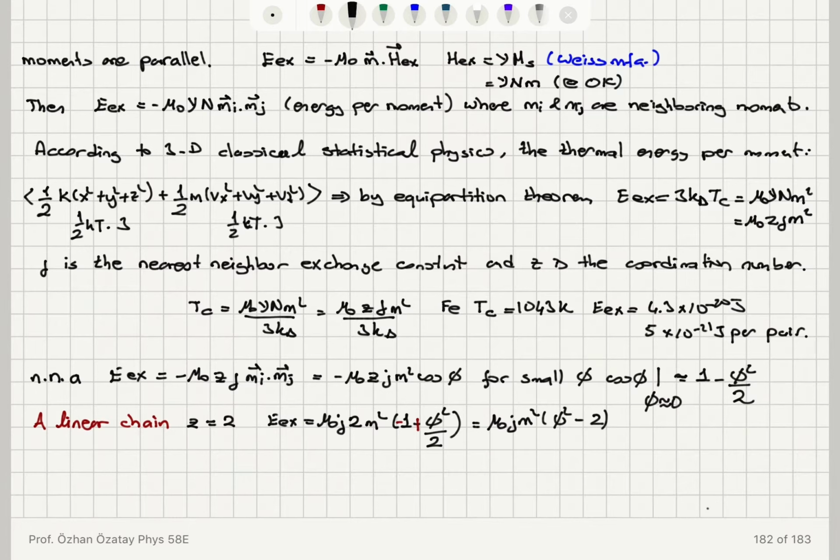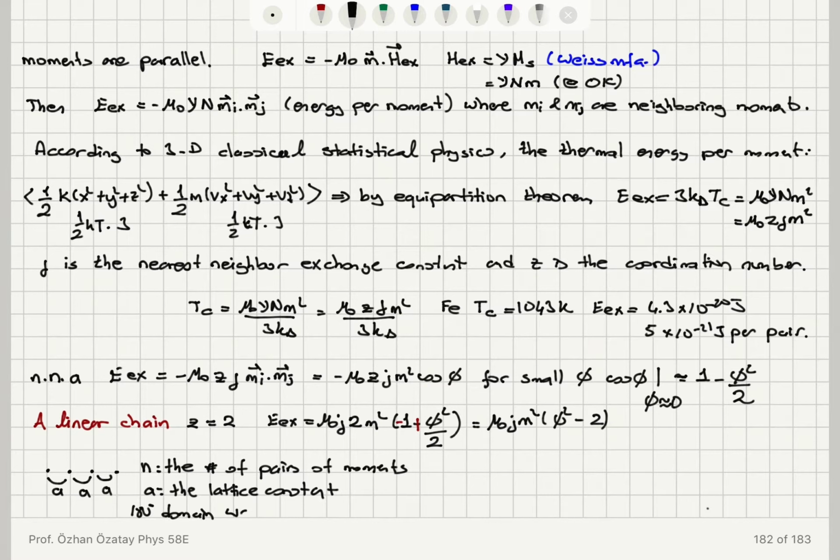And if I have n lattice parameters in the domain wall, so I look at the number of pairs. I have 1, 2 pairs, and each have a distance of a lattice parameter in between. So if I call n the number of pairs of moments, then I have a, the lattice constant, for a 180-degree domain wall.